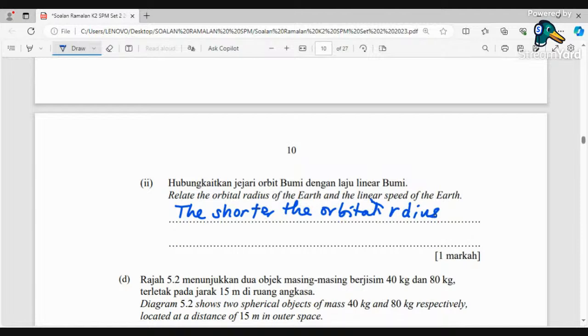The shorter the orbital radius, the larger the linear speed.